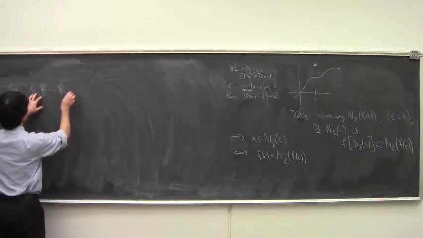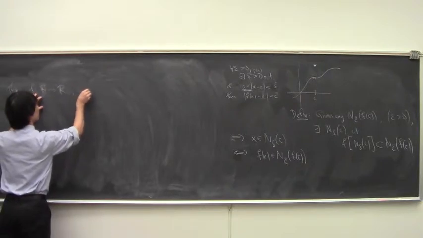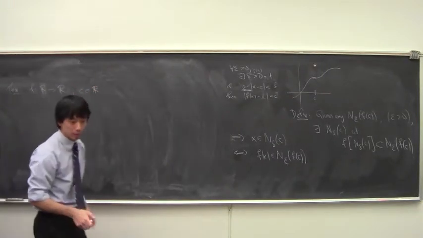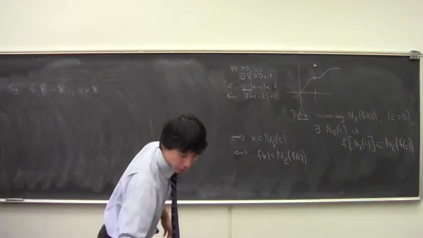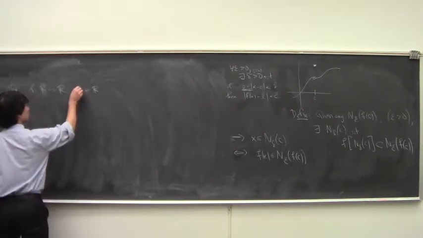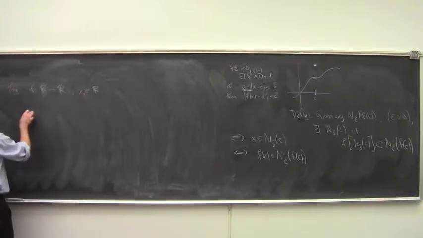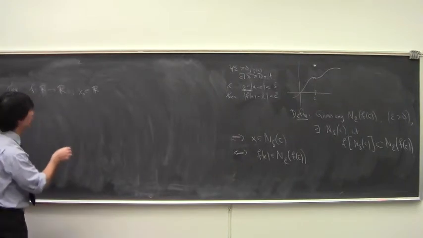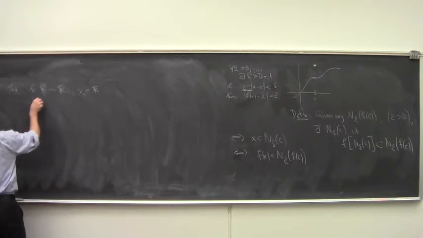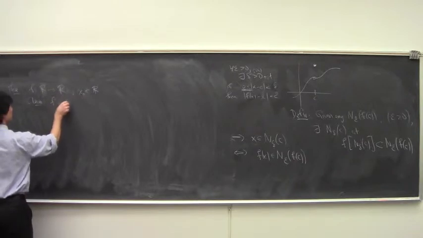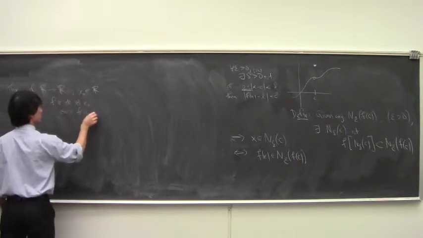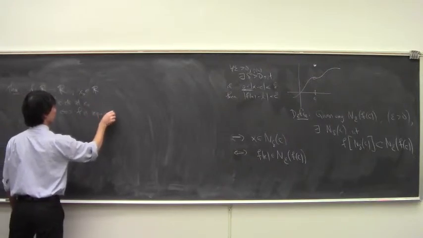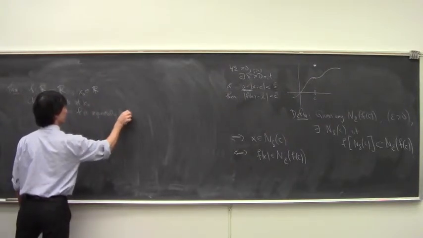So you have some function from r to r, and you have some point in r. Let me call it x naught. We want to show that the claim is that f is continuous at x naught if and only if f is sequentially continuous at x naught.